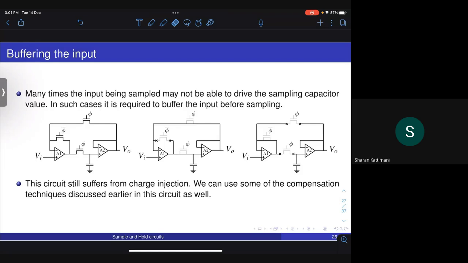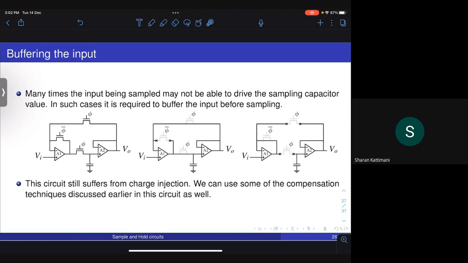So most practical circuits need the inputs and outputs to be buffered. That essentially means that if the source of the signal does not have a low enough impedance to drive the sampling capacitor, then you will need to buffer the input. So one of the ways of doing this is the circuit shown here.